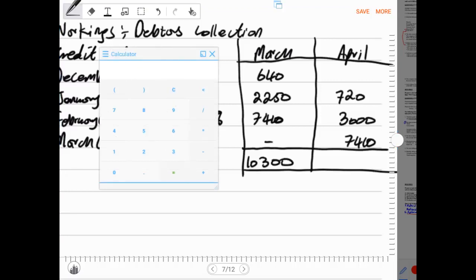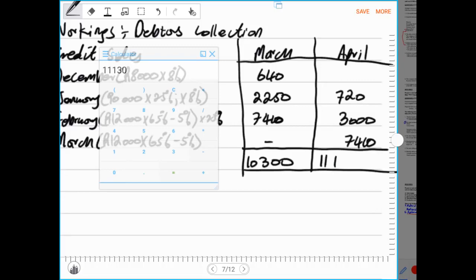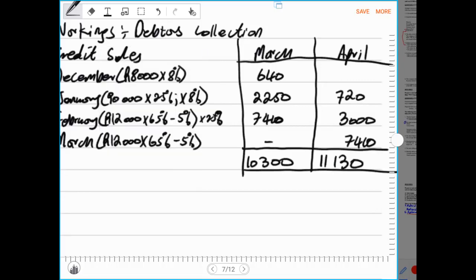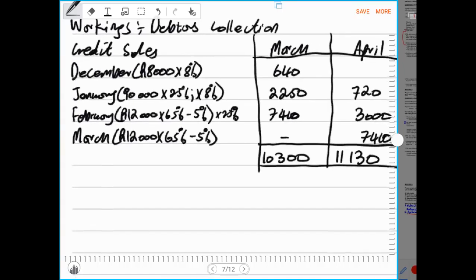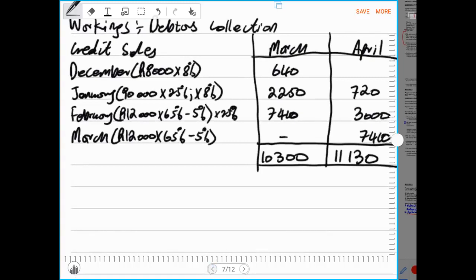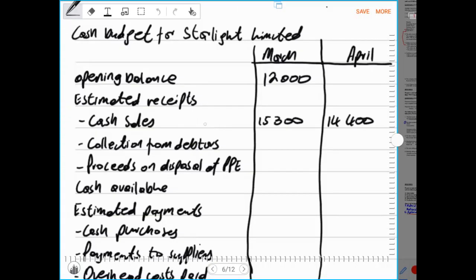Then after we say 720 plus 3,000 plus 7,410, that gives us 11,130. So now these are the expected collections: 10,300 and 11,130 for March and April. So now this will be our collection.